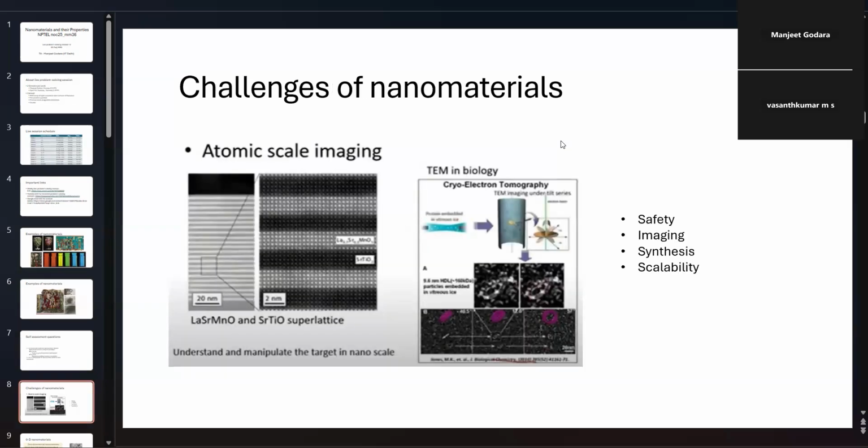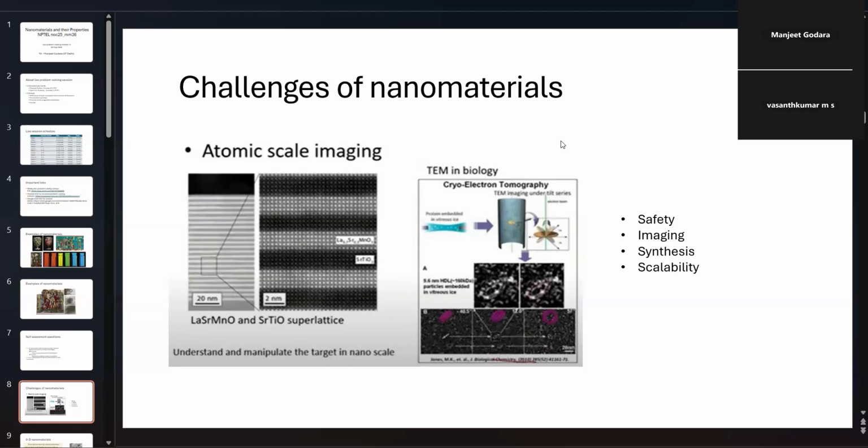There are a few significant challenges, like safety. Nanoparticles, like metal nanoparticles especially, are really reactive, so they're very explosive actually.